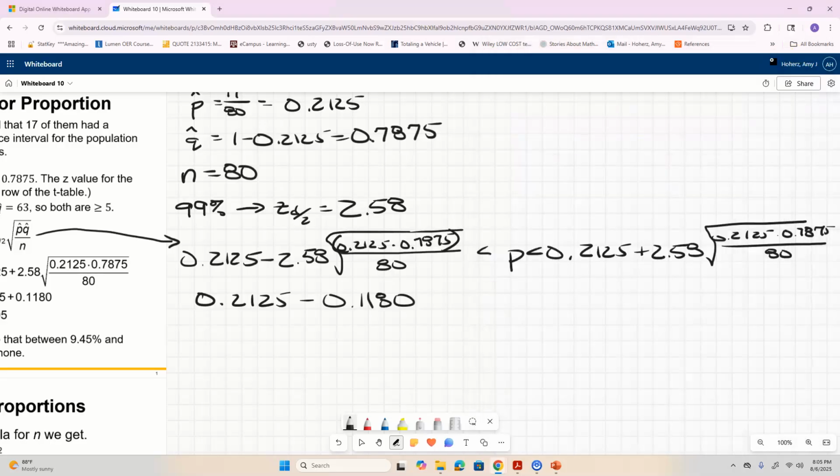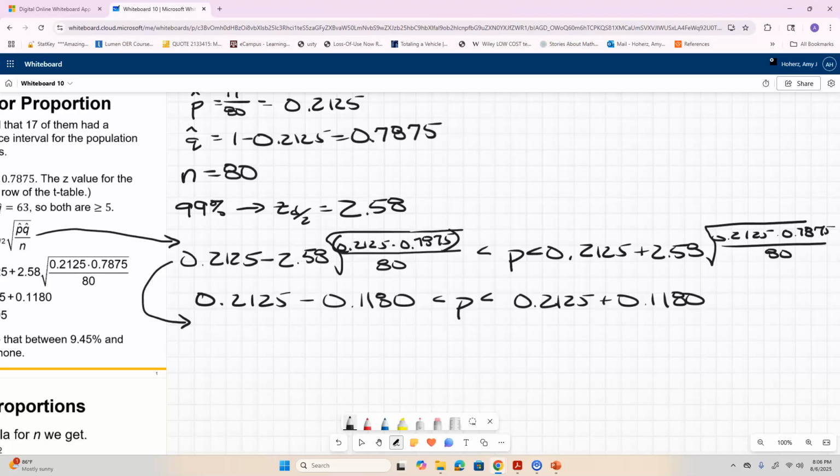And then on the other side we'll have the same thing, p hat in the middle because we're doing proportion, and on the other side we'll have 0.2125 plus 0.1180. And again, it's fine if you want to try to put it in all at once. If that works better for you, you can just jump from here to the final answer. I find I make fewer mistakes when I do it this way.